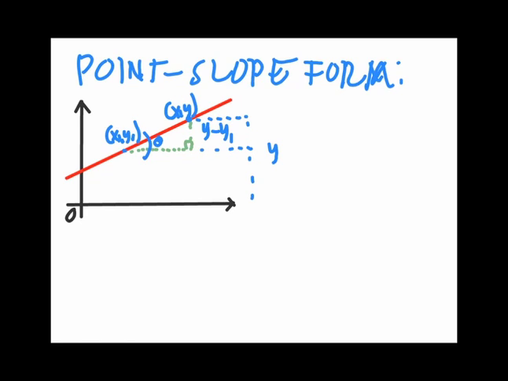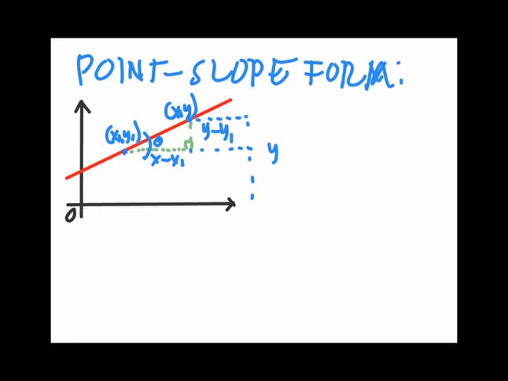That's why we'll have now the difference y minus y1, right? Similarly, the distance from this point to this point, which is the adjacent side of this right triangle with reference to this angle, of course, is now x minus x1. Okay.